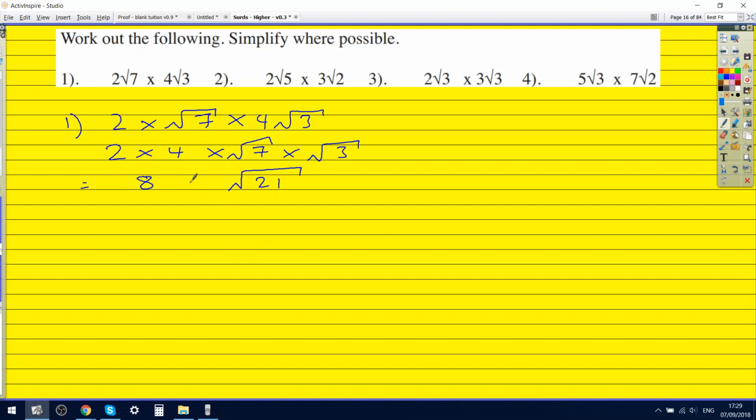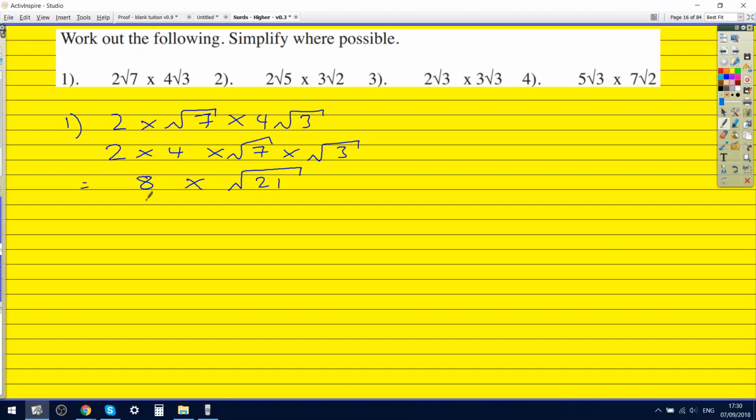I don't know what the square root of 3 is. It has no integer square root, so we just leave it as root 3. We just leave that as root 7. And so this is 8 times root 21.